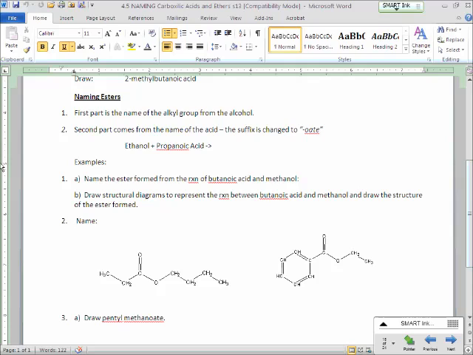So we could even predict the name of the substance. So here's an example right here, right inside of our naming rules. We could predict the name of the ester just by looking at the alcohol and the acid that we're reacting. What's the name of this thing going to be? What's this ester going to be called? Ethyl, yeah, good. Ethyl, right? Propanoate.